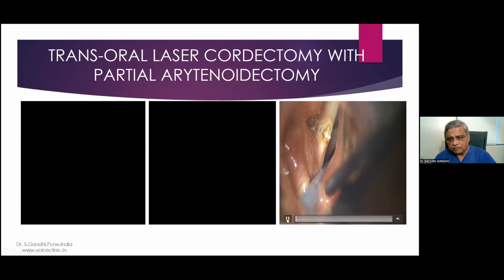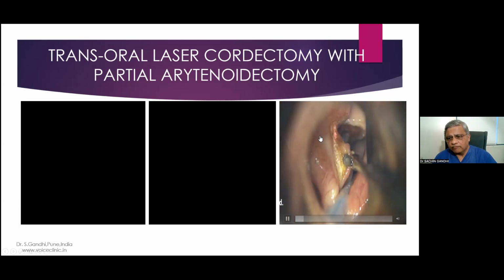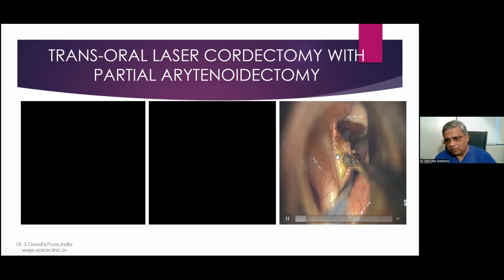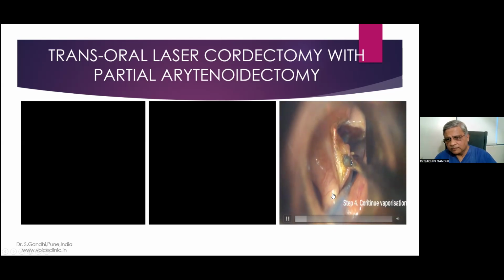Vaporize the tissue in the incision line until the vocal fold is severed. This is chordotomy. I'm coming back with the CO2 laser. Continue vaporization. This is the acute blade of the CO2 laser.